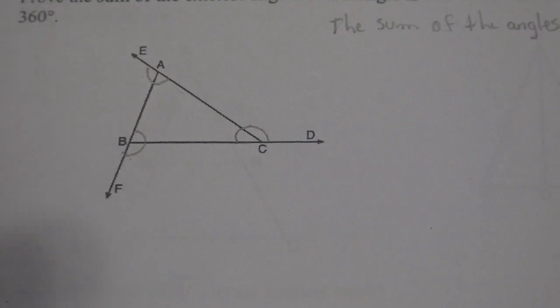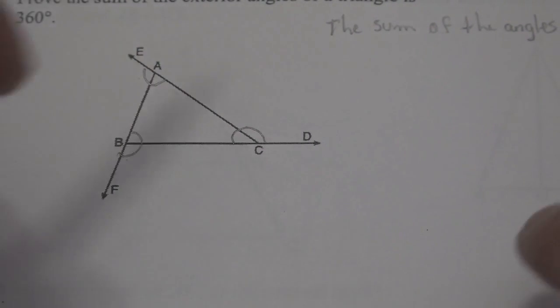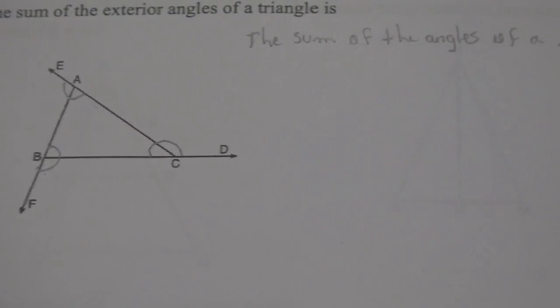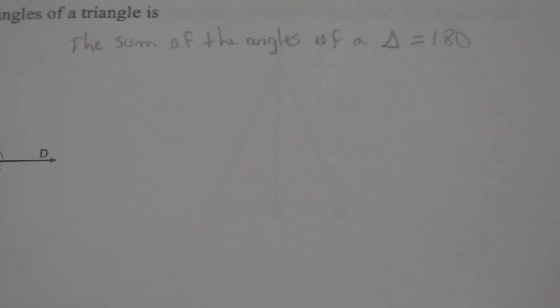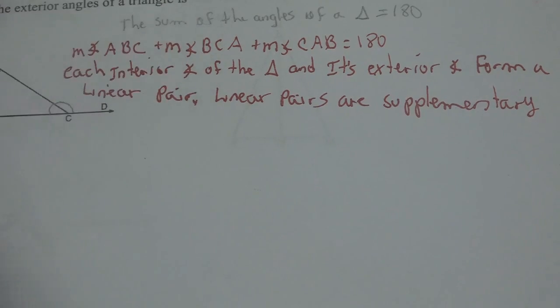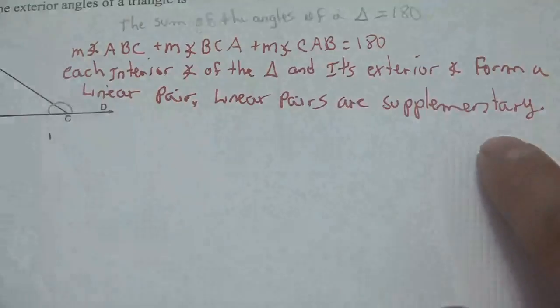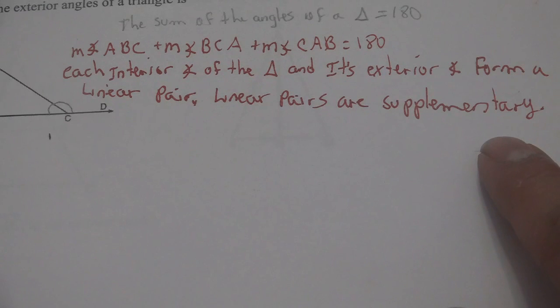Okay then. So now that I know where I'm going with this, then I can start writing my proof. So let's see. I wrote that the sum of the angles of a triangle add up to 180. What does that mean? That they all add up to 180. Okay, so then that's where I'm gonna start.